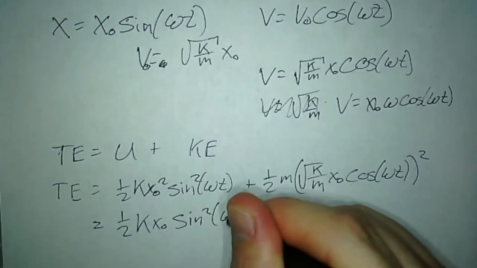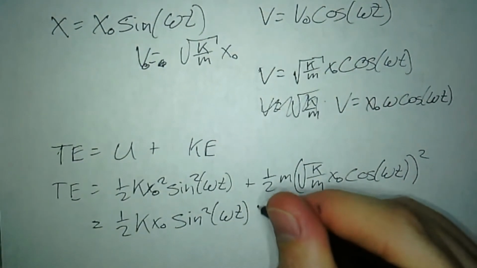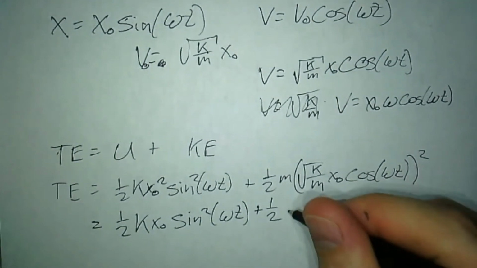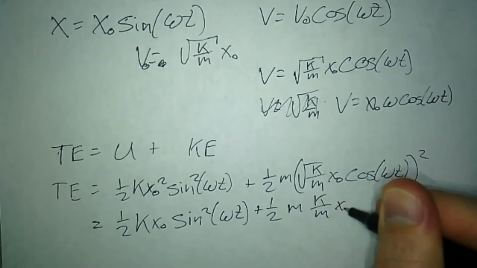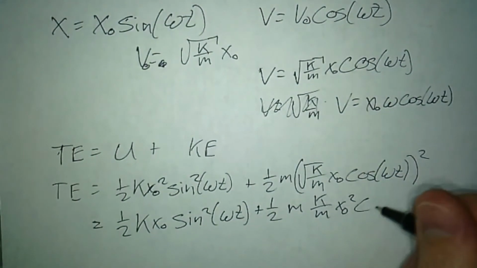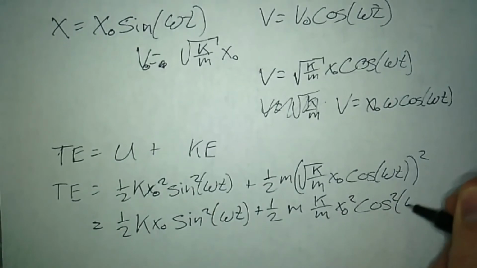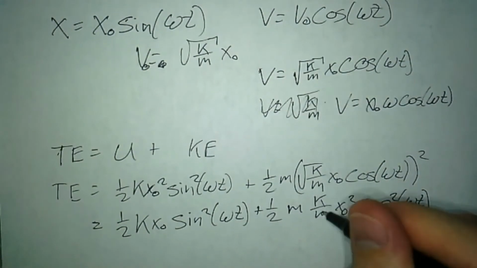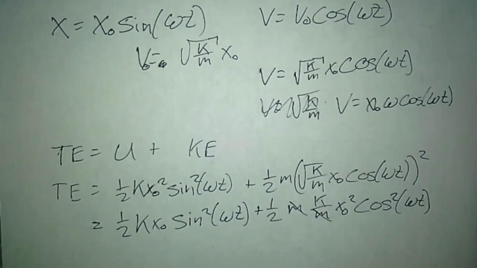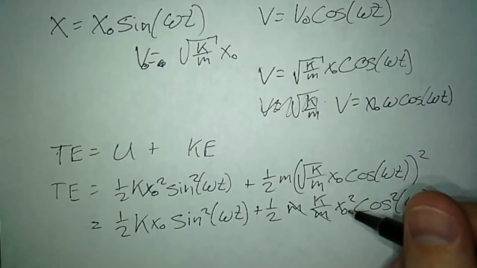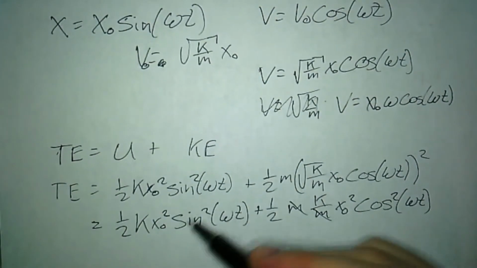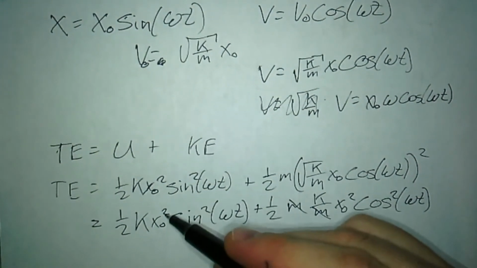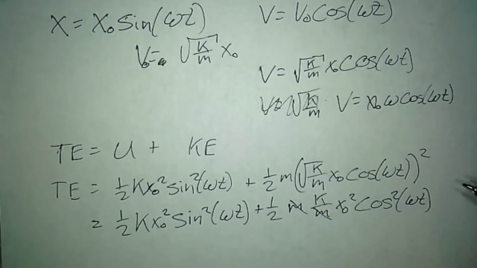Sine squared omega t plus 1/2 m times k over m x naught squared cosine squared omega t. So this m and that m cancel. Oh, forgot to square my x naught here. It's real important to track your algebra very well. Those transcription errors going from one line to the next are one of the most common errors, at least for me. I mess that up all the time.